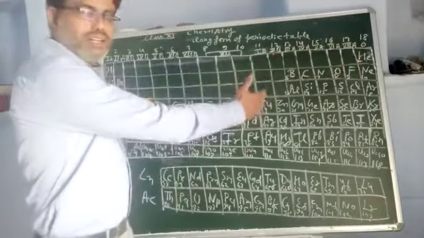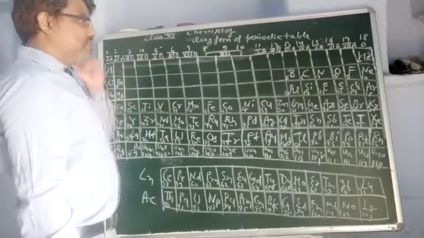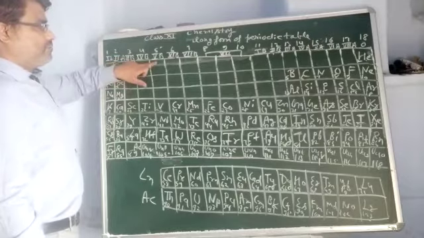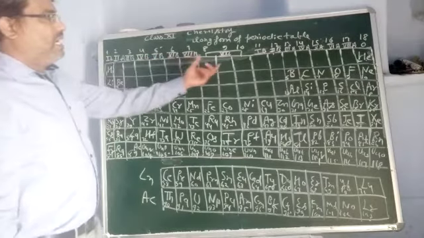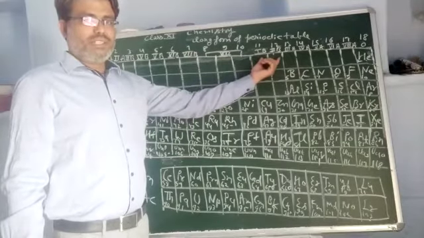And in the middle we have the B subgroup elements. After second A there is third B, fourth B, fifth B, sixth B, 7th B, then 8th, and then first B and second B. So that is the arrangement.